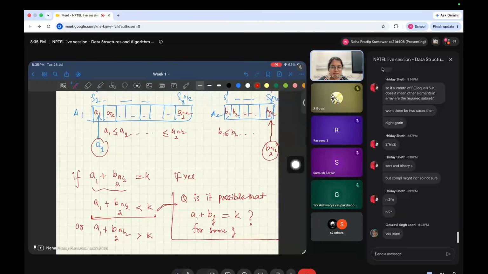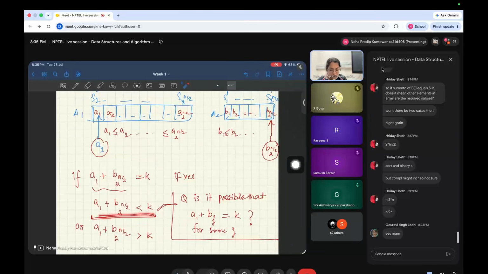Is the question clear? Is the question making sense? Maybe I'll repeat it one more time. So you're looking at this element a1 and this element b2 to the n by 2, and the sum of these two is less than k. And note that these arrays are sorted. Both the arrays are sorted.